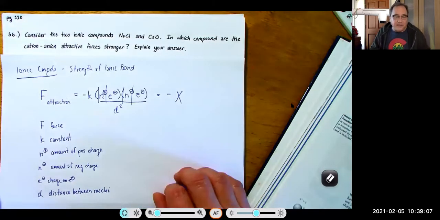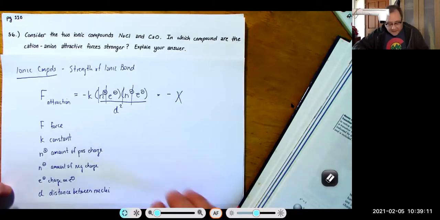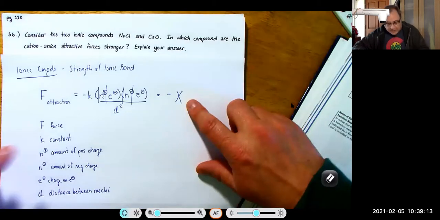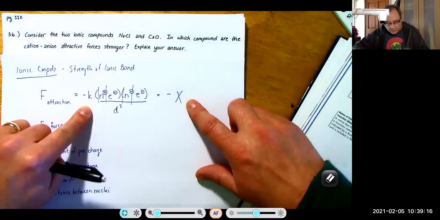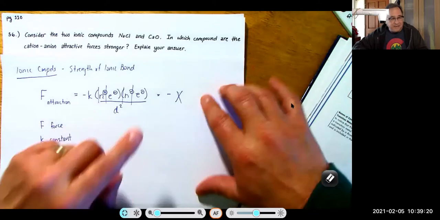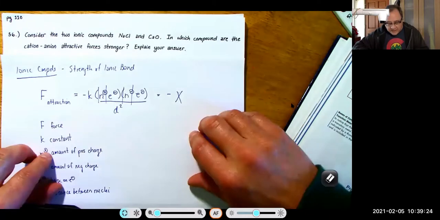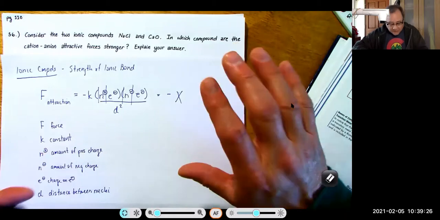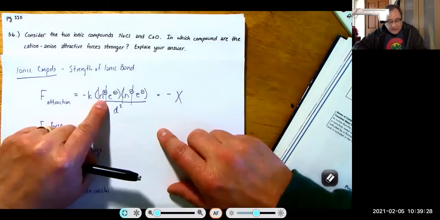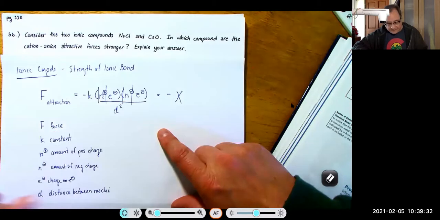Positive means they're repelled. The size of X depends on the values we put here. So for every ionic compound, the E values are exactly the same. The K value is exactly the same. The only thing that differs between ionic compounds is the charge on the cation, the charge on the anion, and the distance between the nuclei.